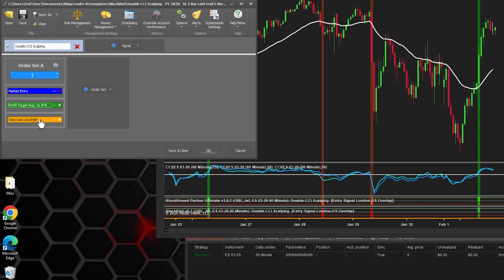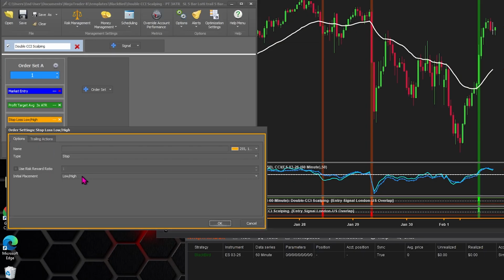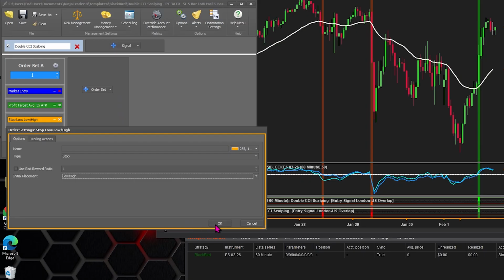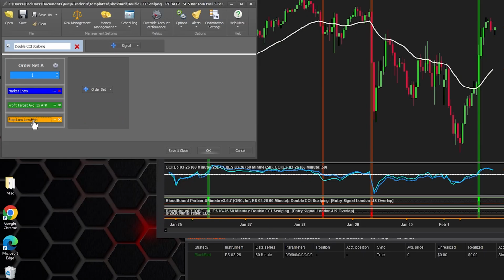The stop loss is a very common stop loss ploy where we're using the lowest low for a long of the last 5 bars. If you want to use a different stop loss, you can easily just remove it, and then from the quick list, add whatever stop loss you want and adjust it.